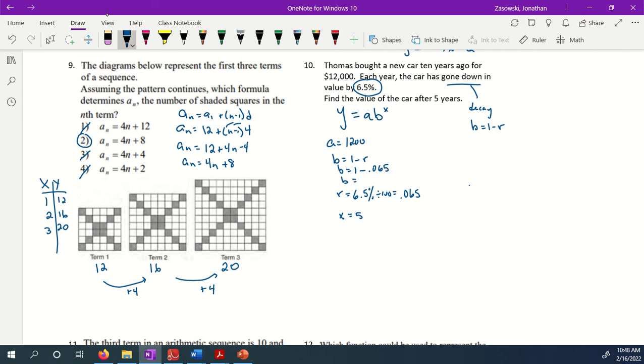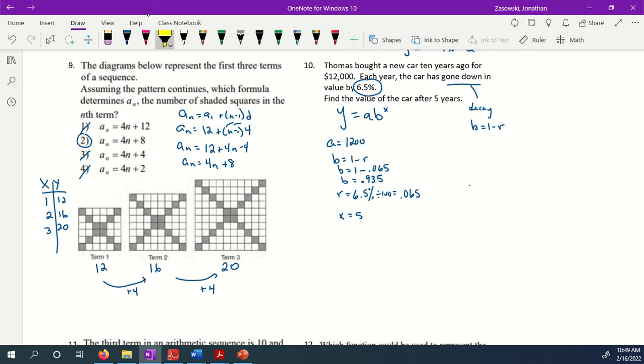So b is equal to, and if we're taking away here, we should be at 0.935. So 6.5% minus 100 from 100%. Yep, is 0.935.